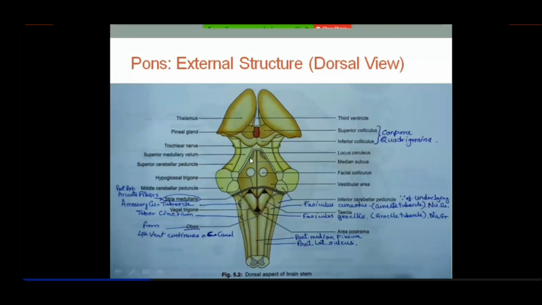These are the elevations seen just lateral, or just adjacent, to the median plane in the upper portion of the fourth ventricle. So the upper half of the fourth ventricle is formed by the lower portion of the pons, while the lower half of the fourth ventricle is formed by the upper portion of the medulla. So this is what you see in the dorsal aspect on the external surface.